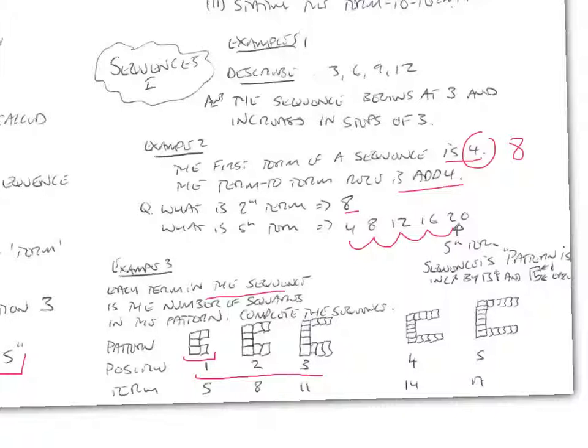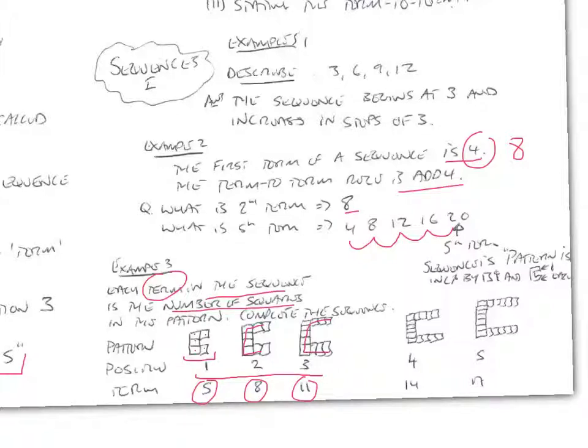So in the first position, the term is 5, and there are 5 squares in that pattern. In the second position, the term value is 8, so there are 8 blocks. And in the third position, the term value is 11.